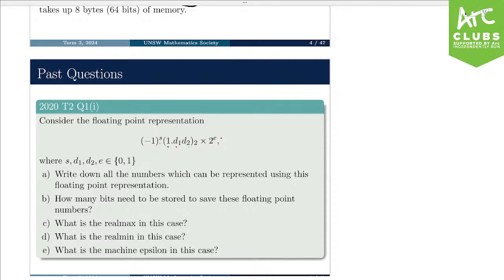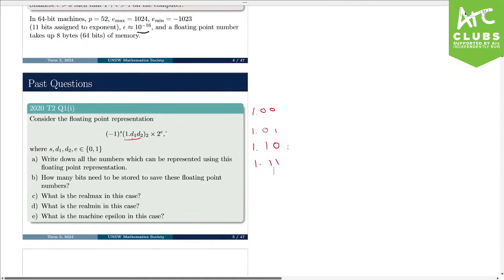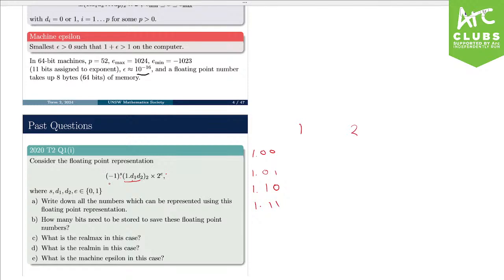So let's list out what this part can represent first. This can be 1.00, 1.01, 1.10, and 1.11. And this gets multiplied by 2 to the power of e, 2 to the power of either 0 or 1, so it can be multiplied by either 1 or by 2. And because of this first bit, we can take plus minus.